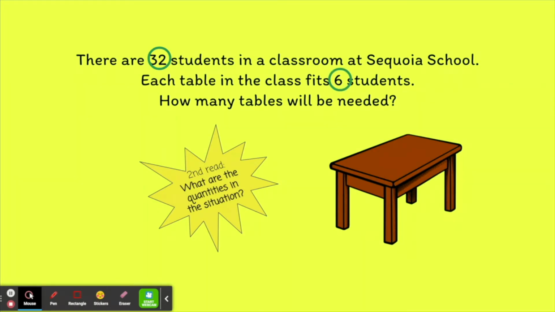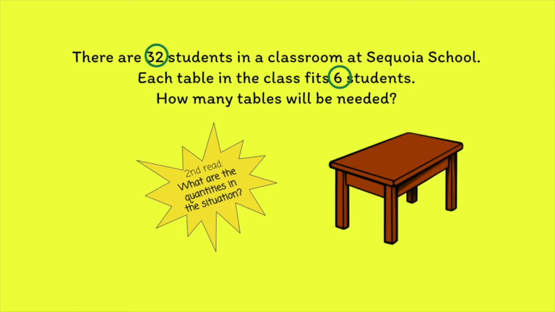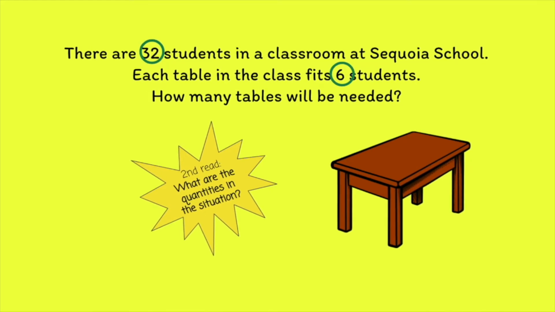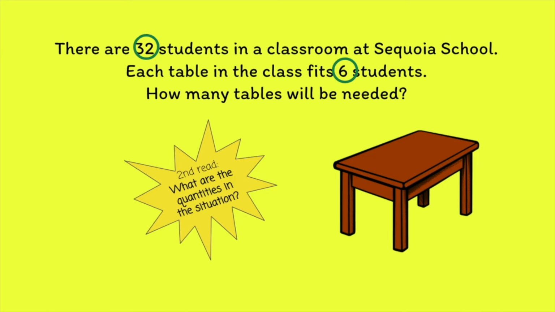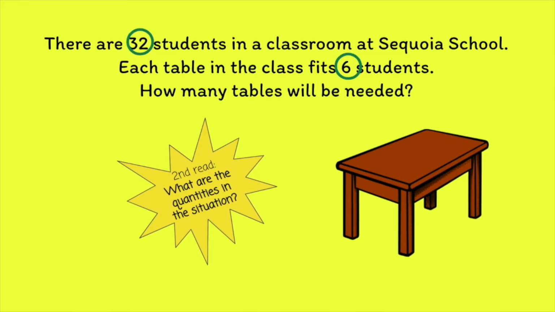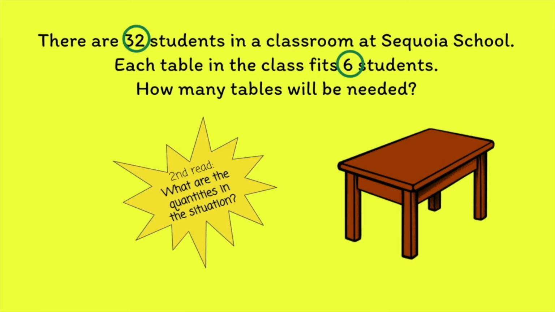So these are the quantities that we're going to need in our problem to solve it. The units that we're dealing with in this problem are the students connected to 32 and the students connected to 6. So 32 is our quantity, students are our units, and 6 is our quantity, and students are our units.